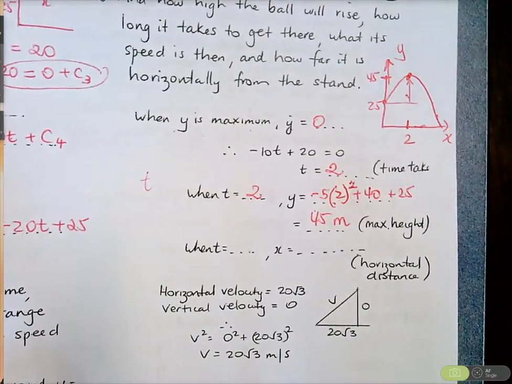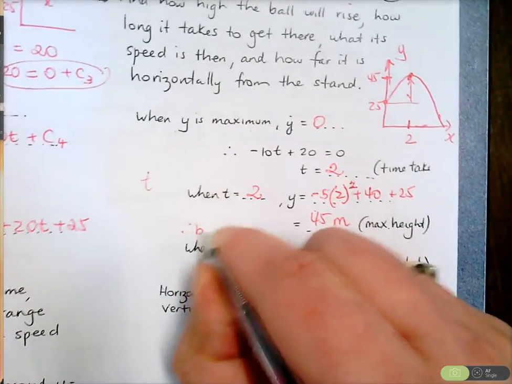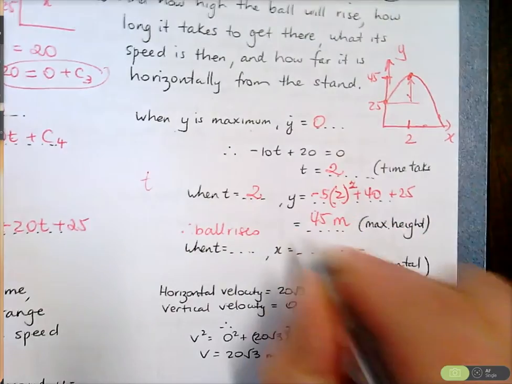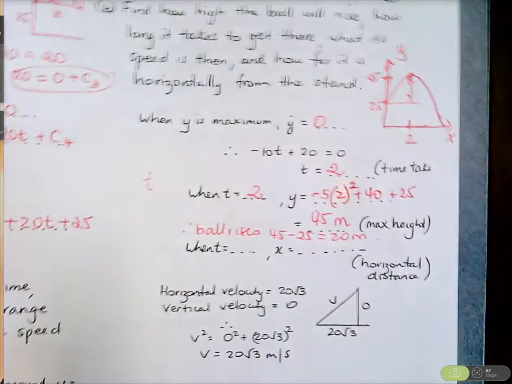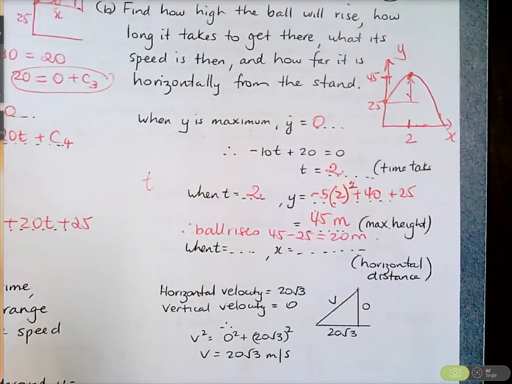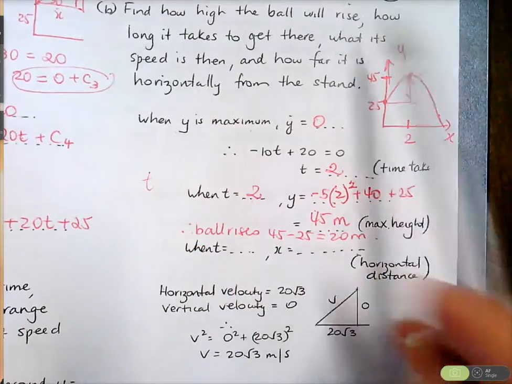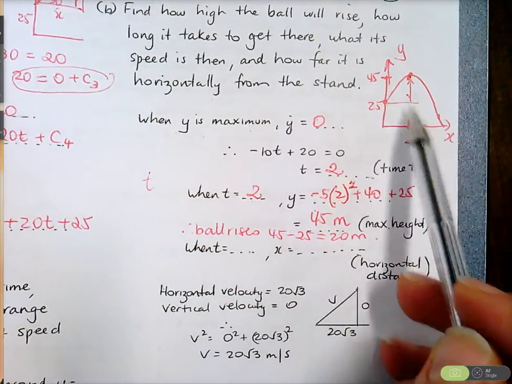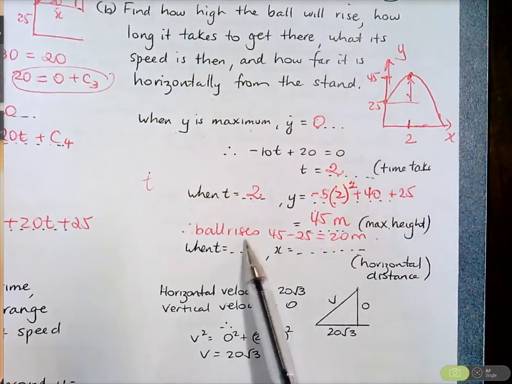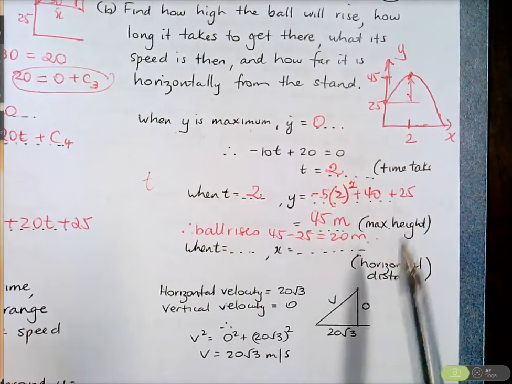So how high does the ball rise? 45 minus 25, which is 20 metres. It does get to a height of 45 metres above the ground. Read it carefully. How high will the ball rise? It started at a height of 25. It ends up at a height of 45. It does rise 20 metres. All right?